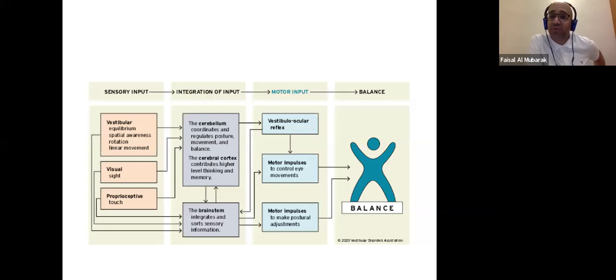What is the difference between these two reflexes? The first one, the VOR, is actually the relationship between the eye motion and the head motion. Now, let's take this example.